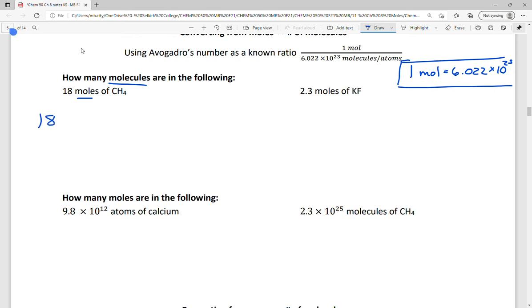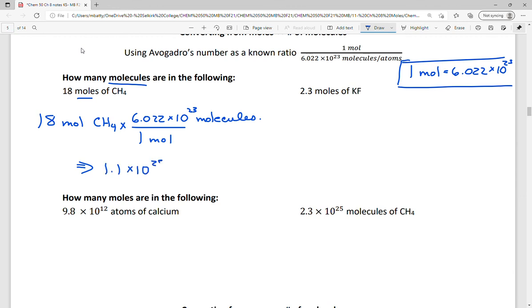So we'd start with what we know, 18 moles of CH4, methane, and we want to know how many molecules. Well, we know in 1 mole, there is 6.022 times 10 to the 23 molecules. And so in this one, if I use my calculator and round to 2 sig figs, I get 1.1 times 10 to the 25 molecules of CH4.